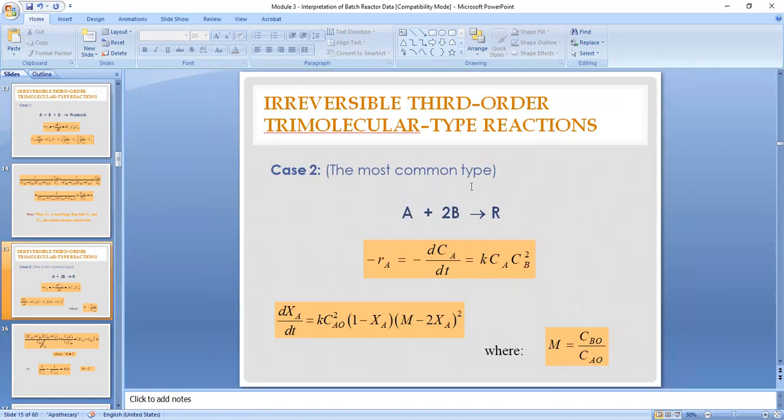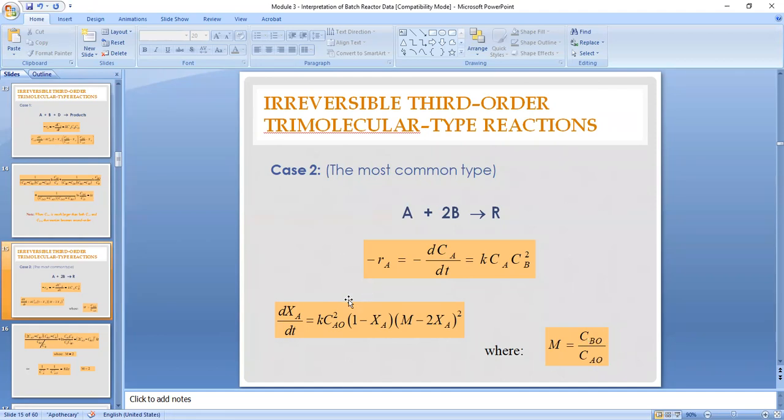You have here another elementary reaction because it's first order with respect to A and second order with respect to B. If you again express C sub A in terms of conversion and use the ratio of the initial concentrations of the species, then you will have a different equation in terms of conversion. You can see these are all now X sub A. M is still defined as C sub B0 over C sub A0.